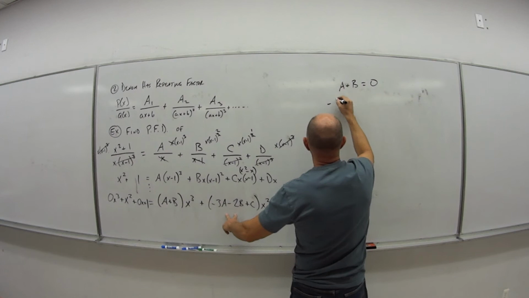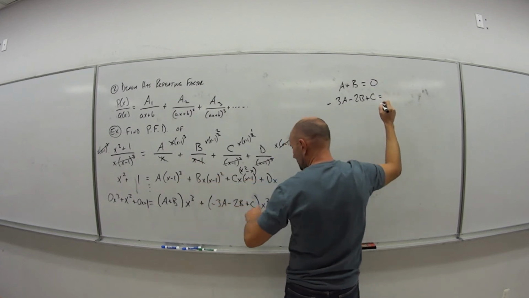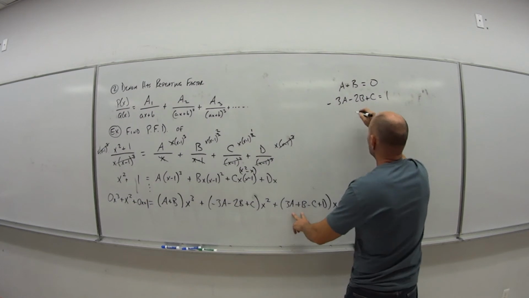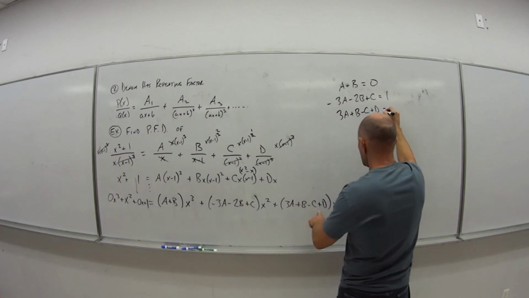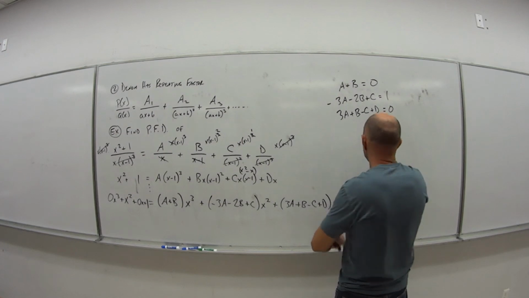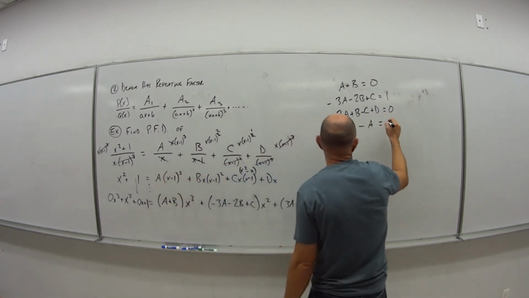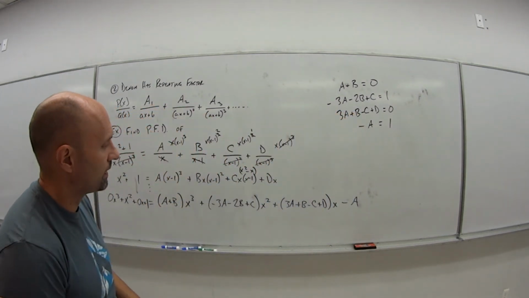And then negative 3A minus 2B plus C is equal to the value in front of x squared, which is 1. 3A plus B minus C plus D equals the value in front of x, again 0. And then negative A has to be equal to positive 1. So constant equals constant on the other side.